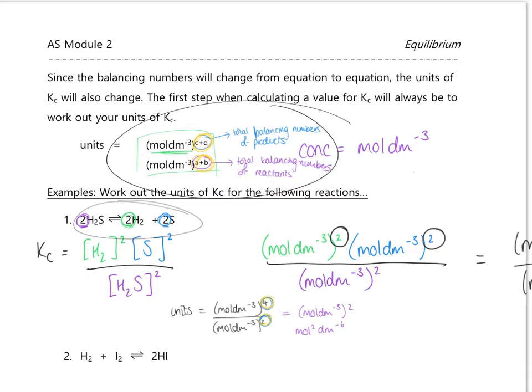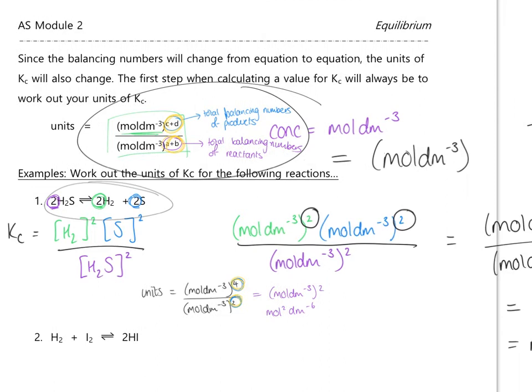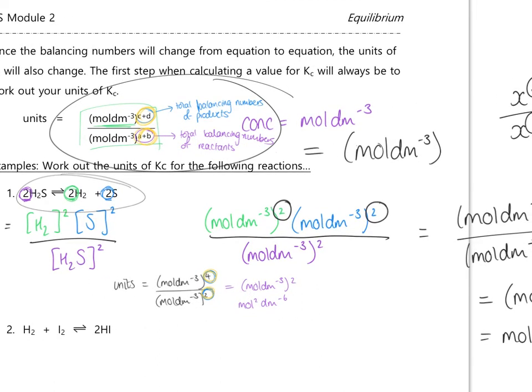So that's essentially equal to moles per decimeter cubed to the power of C plus D minus A plus B. Now that might look really confusing, but what I'm saying, and we'll maybe put that in brackets as well, is if you can work out the total balancing number of your products minus the total balancing number of your reactants, that will be the power to which your moles per decimeter cubed is raised.